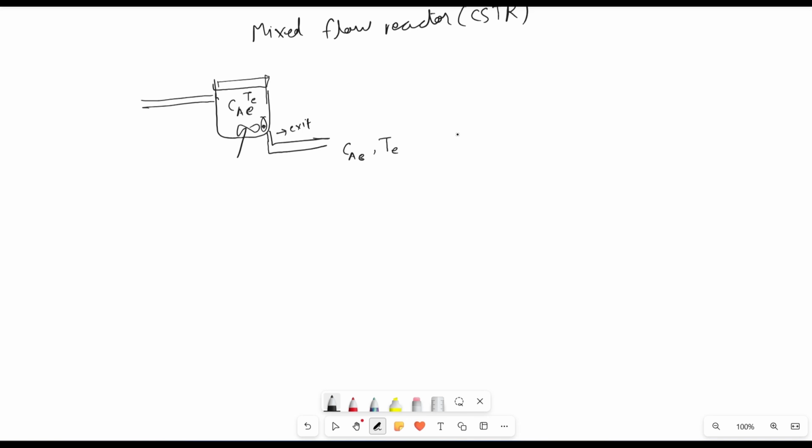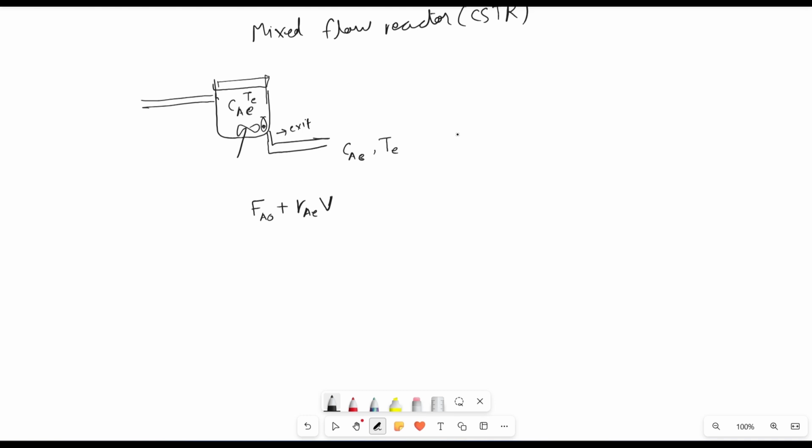So the inlet stream flow, suppose it is FA naught, the molar flow rate of A, plus generation RA times V, where V is the volume of the CSTR, because the CSTR is entirely filled with volume.